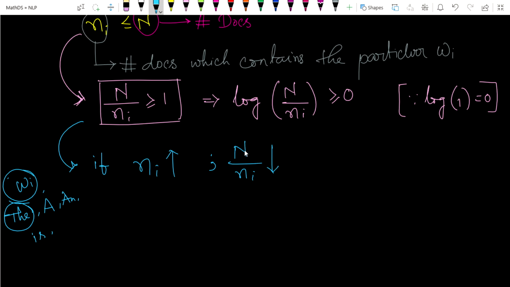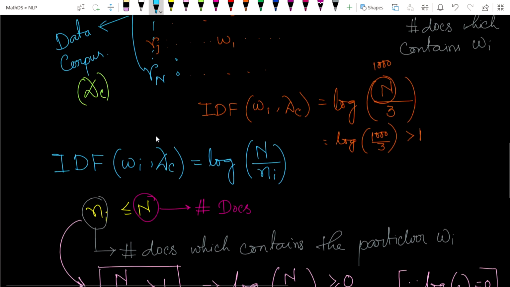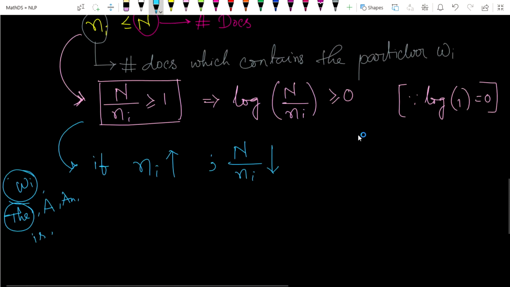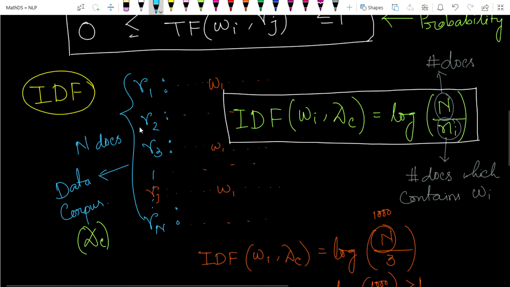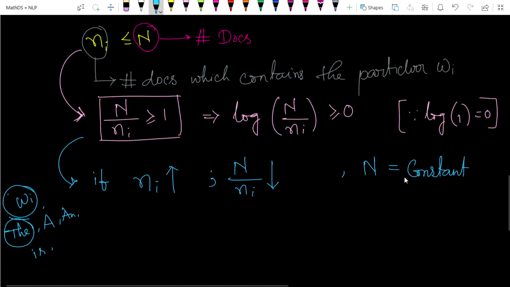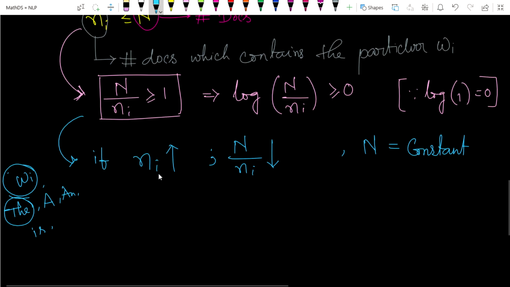Capital N must always be constant. In our data set, capital N is a constant value. It is the number of data points, meaning the number of documents in our data corpus. So if ni is increased, then this value N by ni must be decreased.